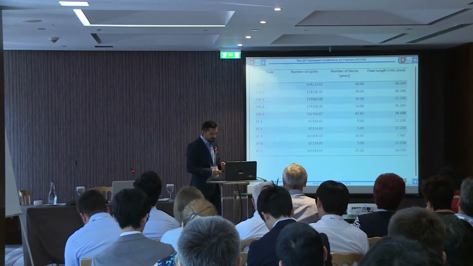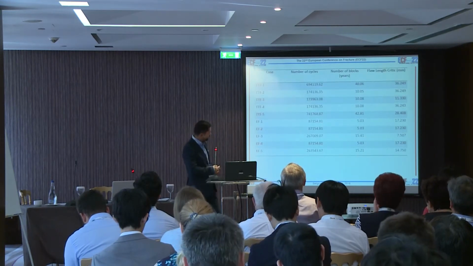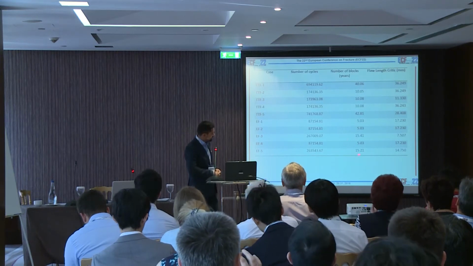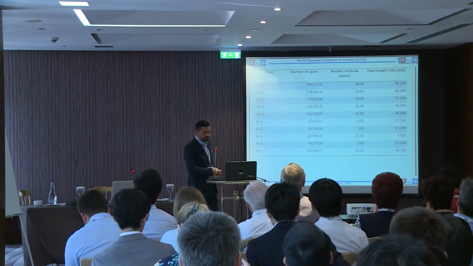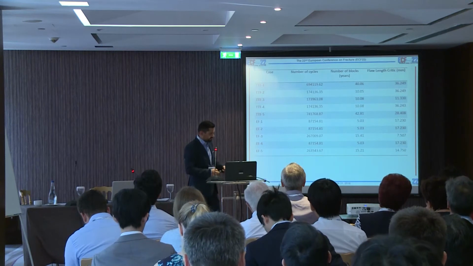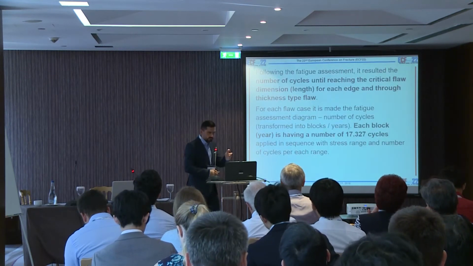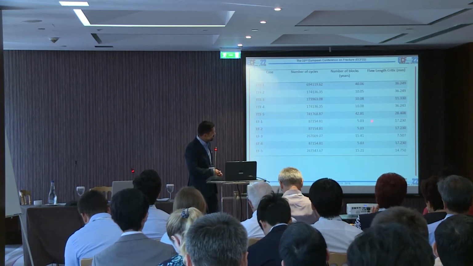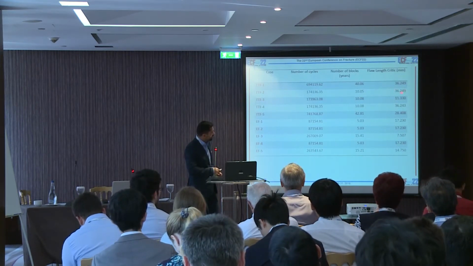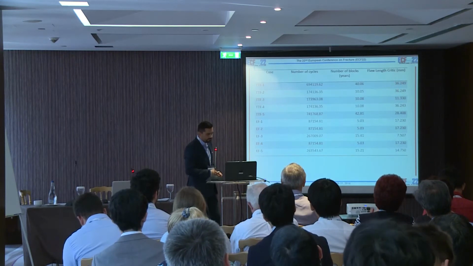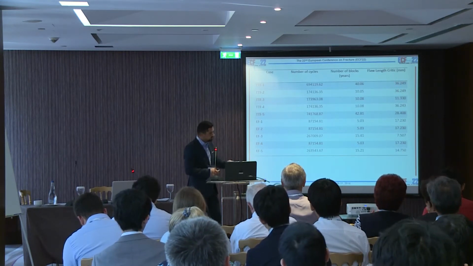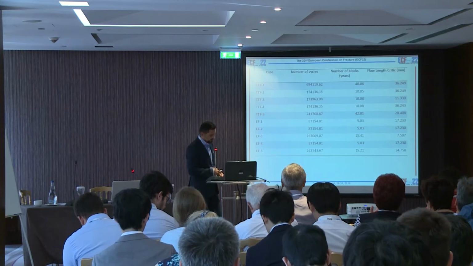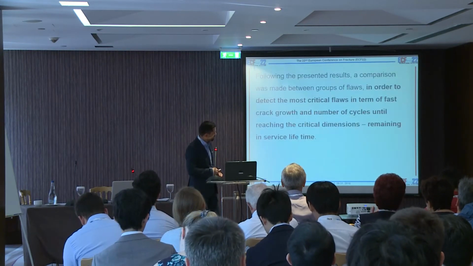So we had the number of blocks, which is the number of years, equal to 7,327 cycles. And in the end, we found out when the crack size will reach the critical dimension.